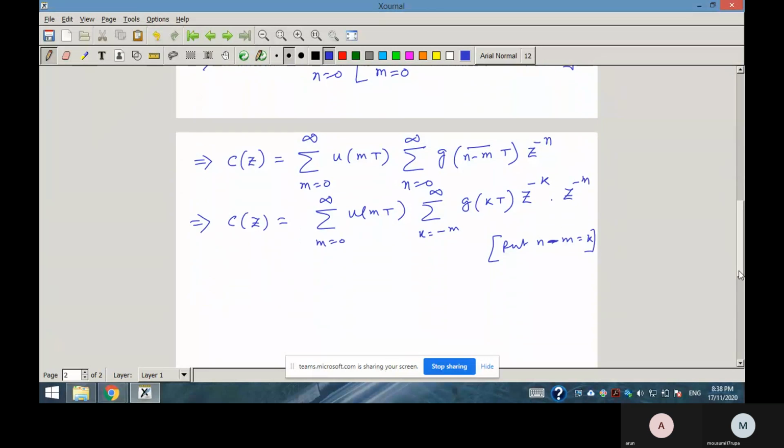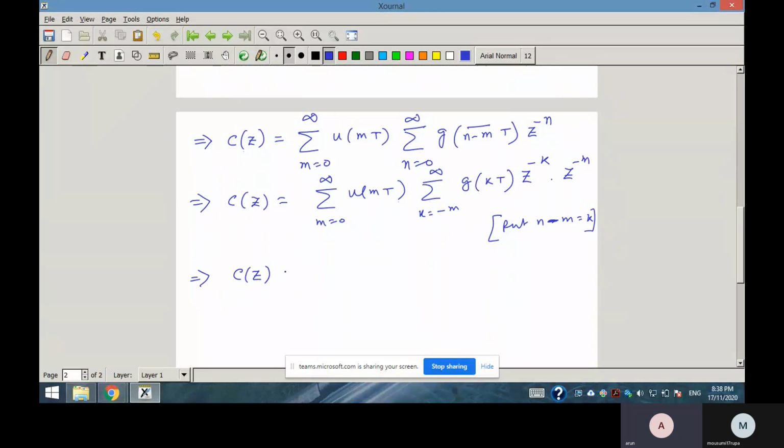Okay, this will imply C(z) equal to summation of m equal to 0 to infinity u of mT into z to the power minus m, into the summation of k equal to, because ultimately g(t) is the impulse response of a causal system.